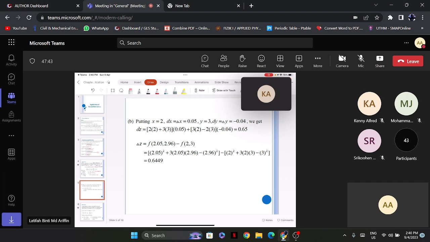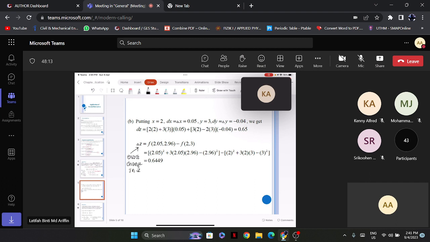Kemudian, to calculate the exact change, segitiga ni mewakili perubahan, maksudnya kita nak mencari perubahan in z, right? So this one dia denotekan to get the exact change in z.